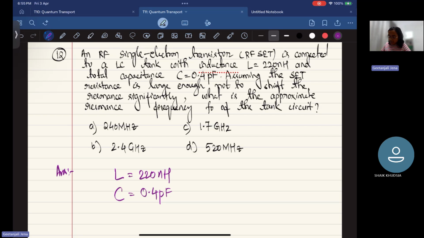Assuming that the SET resistance is large enough not to shift the resonance significantly, what is the approximate resonance frequency of this tank circuit? So you need to calculate the resonance frequency. I will give you some time to calculate it. Let me see whether you are able to solve it. If not, I will go through the steps in detail.